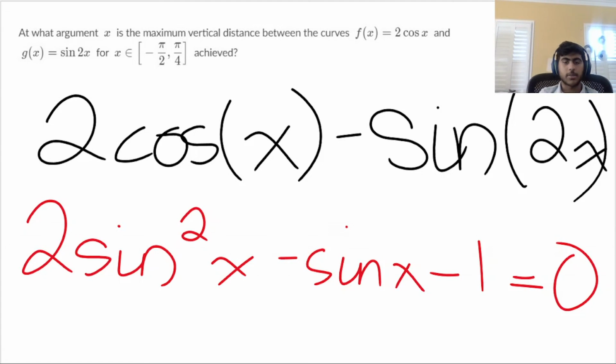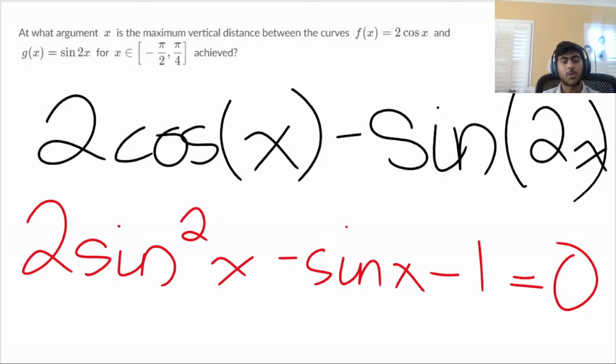And we have to find something that satisfies this, but it doesn't seem like there should be too much to it, right? Because if we plug in sine x equals 1, then this should be satisfied. Now the problem here is that we can't plug in sine x equals 1, because we're only allowed to use negative pi over 2 to pi over 4.